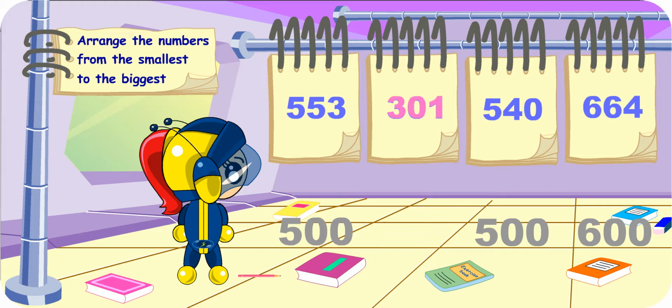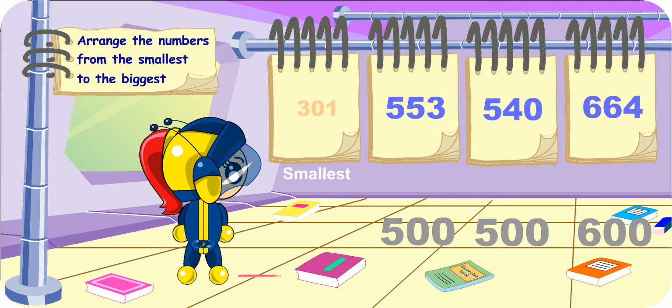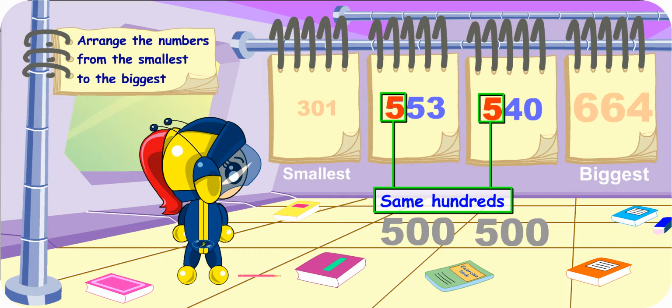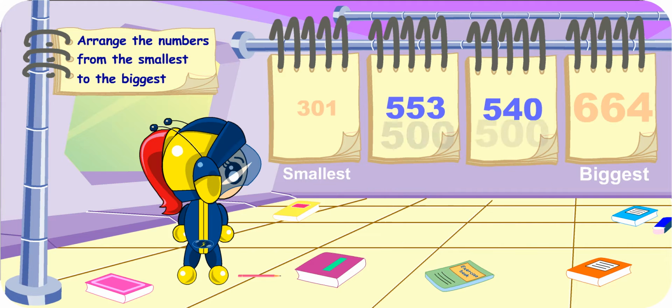So 301 is the smallest number and 664 is the biggest. Since 553 and 540 have the same number of hundreds, I need to compare the tens digits. 553 has 5 tens and 540 has 4 tens. So 540 is smaller than 553.